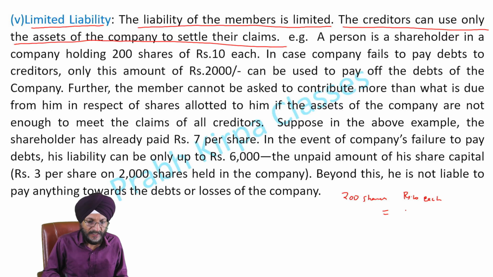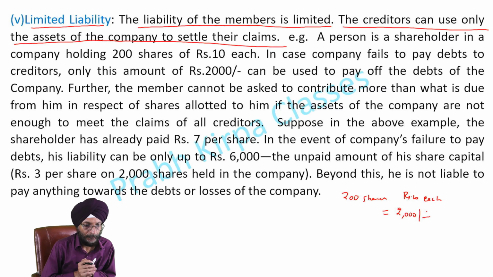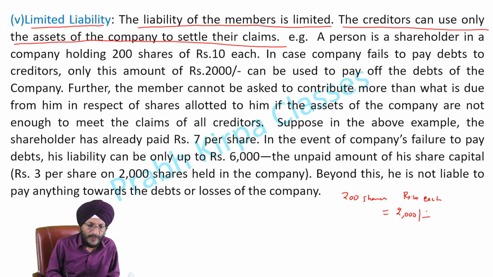That is, he has invested rupees 2000 in the company on its face value. Now, in the case of default of the company to pay the debts, the creditors can only use this amount of 2000.